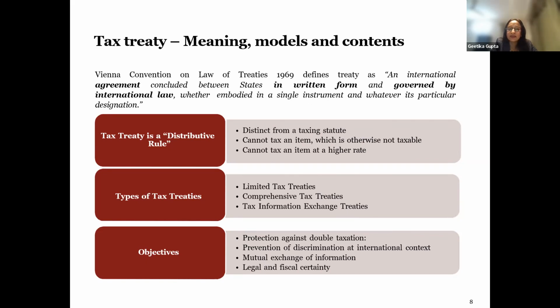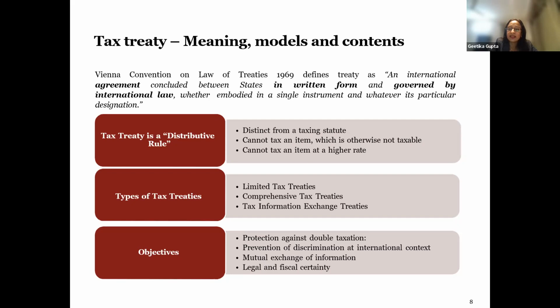The next is the type of treaties. A DTA can either be a limited DTA or a comprehensive DTA. Along with the DTA, there are protocols, memoranda of understanding, and exchange of information, forming part of the DTA, which enable interpretation of a DTA.